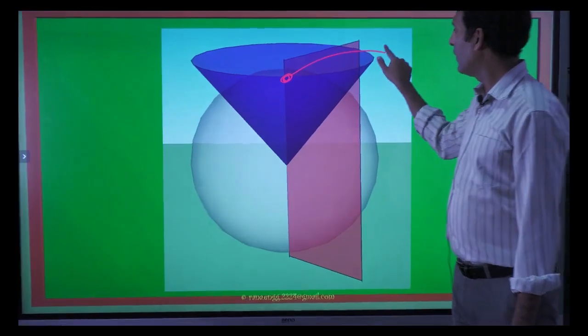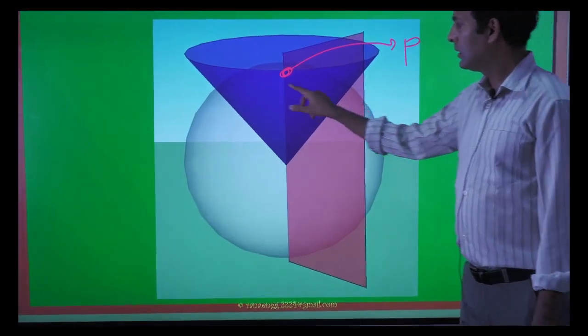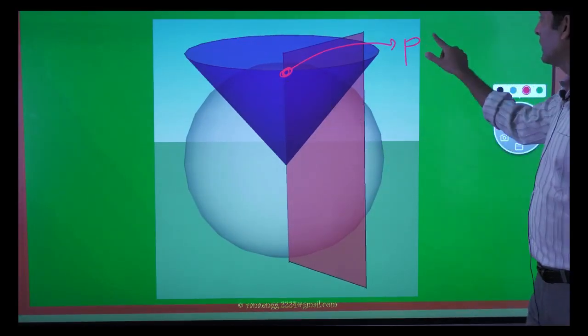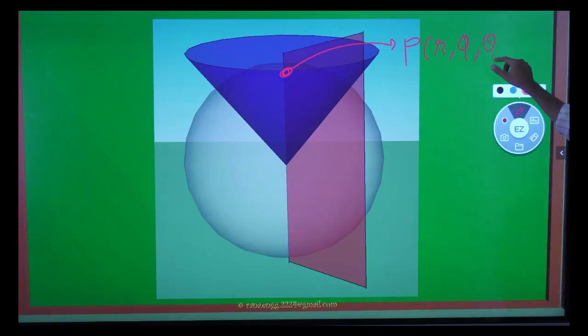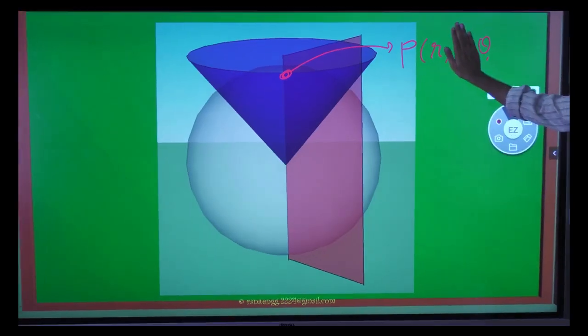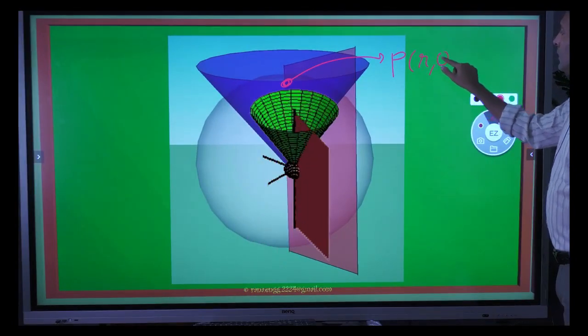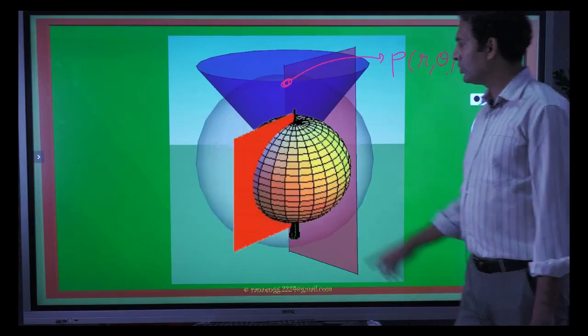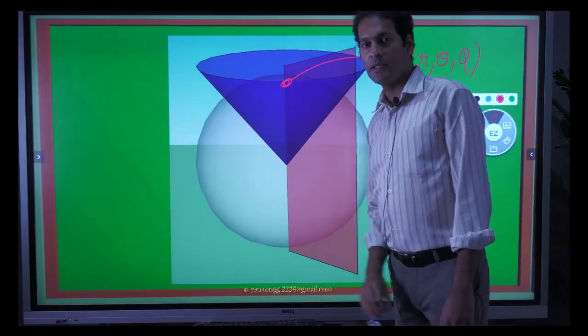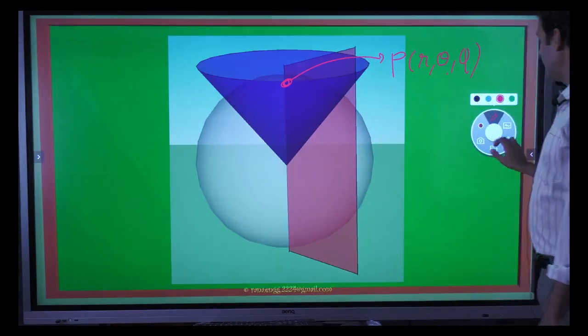There may be a point P representing 3 surfaces for r, theta, phi. This is the representation of point P by the intersection of 3 different surfaces.